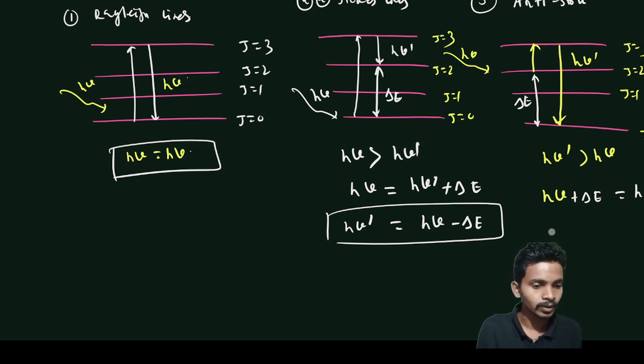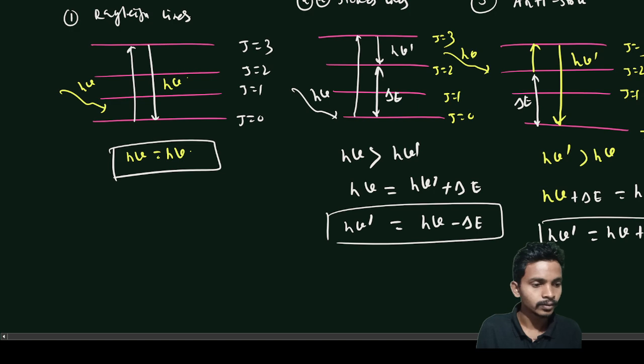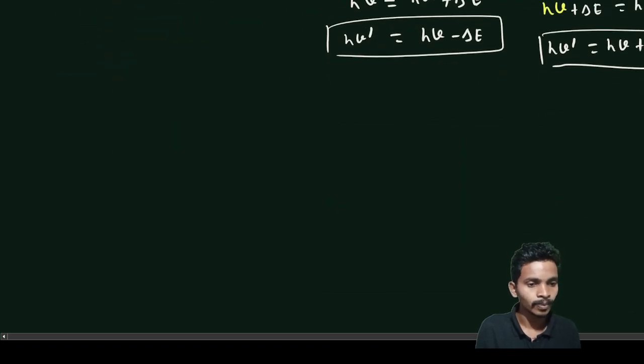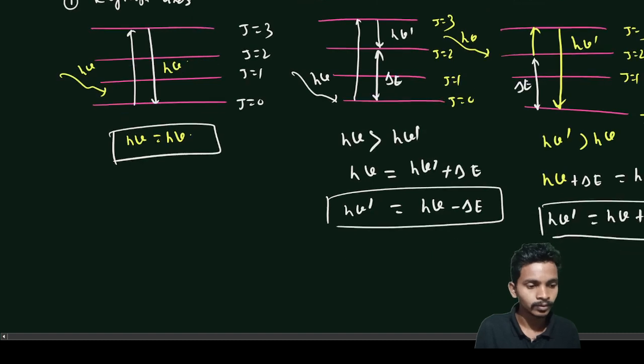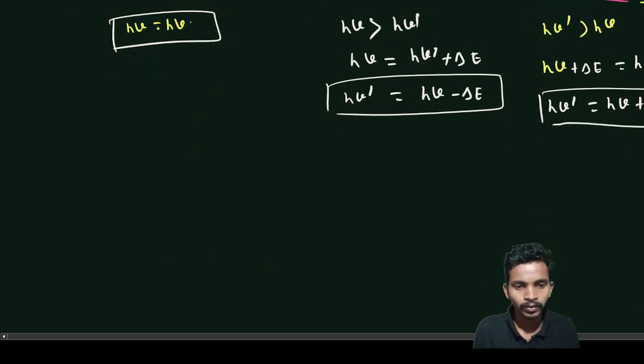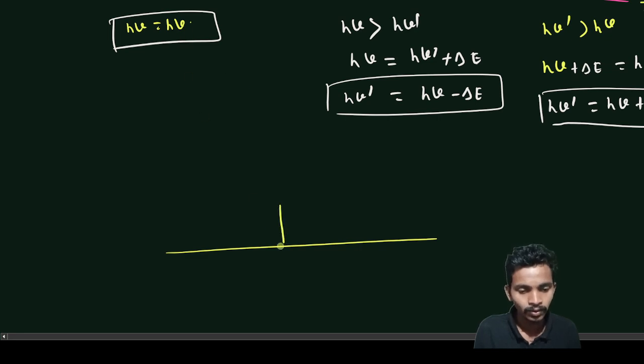Okay, so this one I can write h nu dash equal to h nu plus delta E. This one I draw here, that this h nu Rayleigh lines I will draw here.